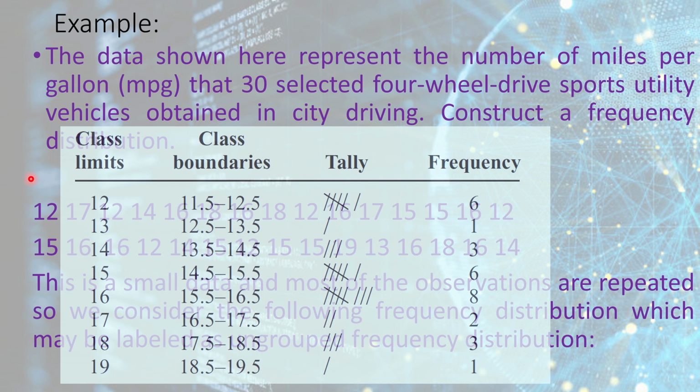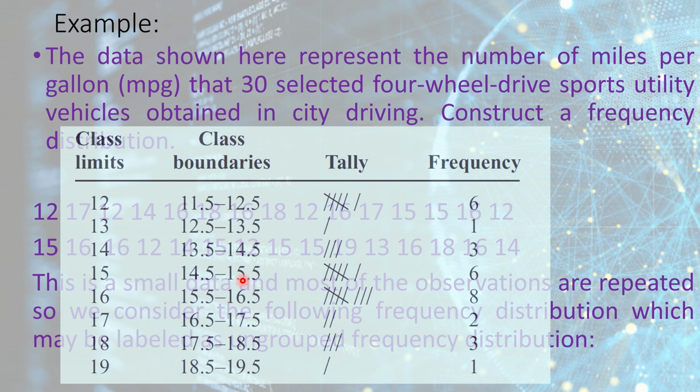You can introduce class boundaries as well. This is known as an ungrouped frequency distribution, because we are not using class limits or groups here, we are simply using the numbers. The reason is we have a large data set, but the data is repeating.